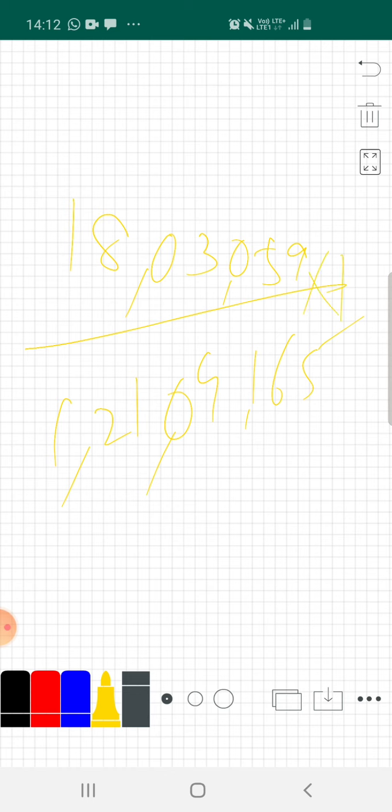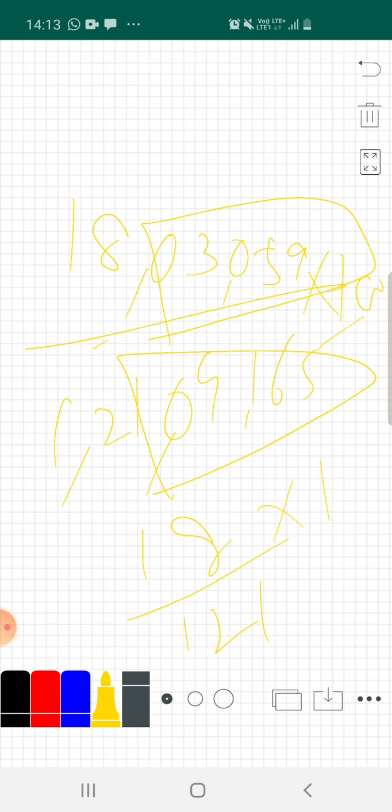Like this, 18 lakh divided by 1 crore 21 lakh multiplied with 100. Actually these figures are too long. If you want to take approximate figures, you can take 18 divided by 121 multiplied with 100. So the value will become 14.9 for the primary.